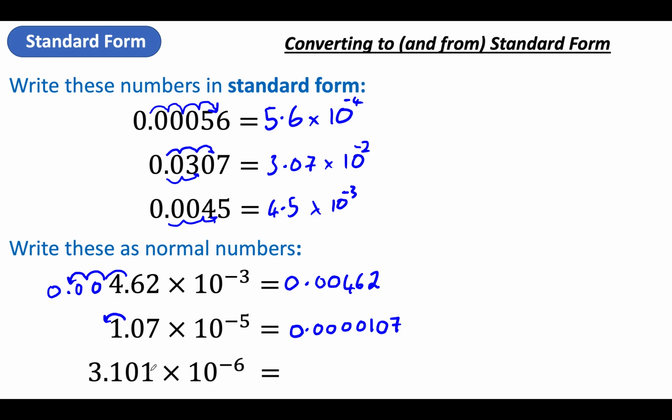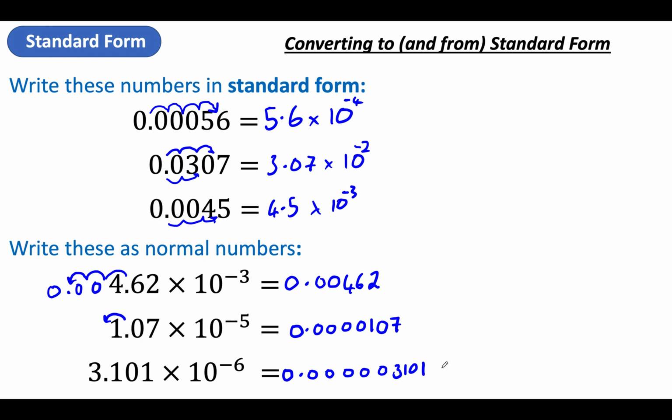So 6 places smaller. Well, if it was going to jump the 3, that's 1 place taken up already, so that's 1 place smaller. 2 places smaller, 3 places, 4 places, 5 places, 6 places. So 0.000003101. That's 6 places smaller.